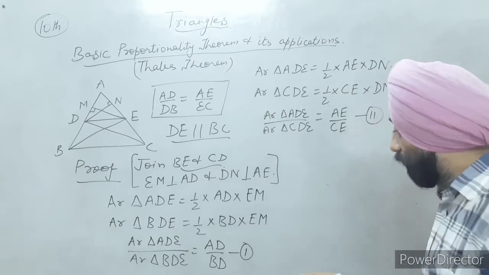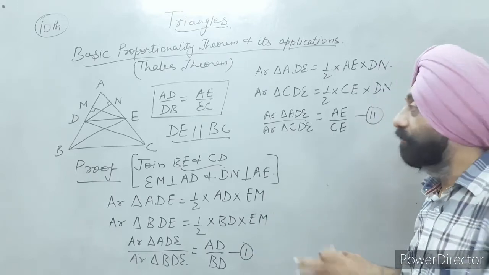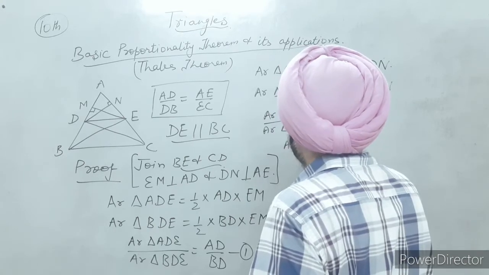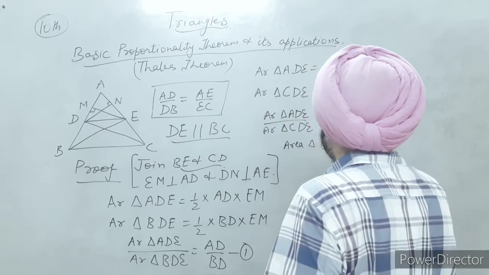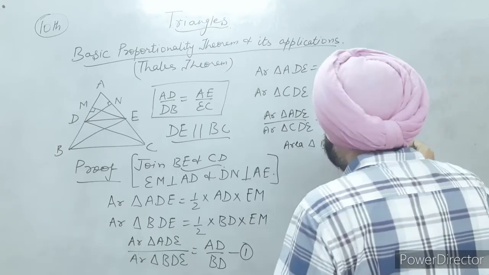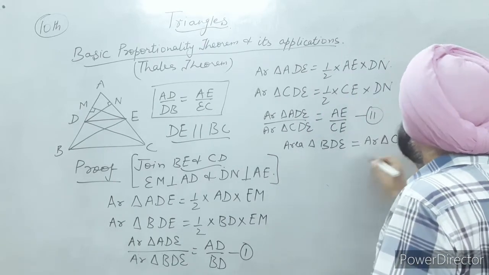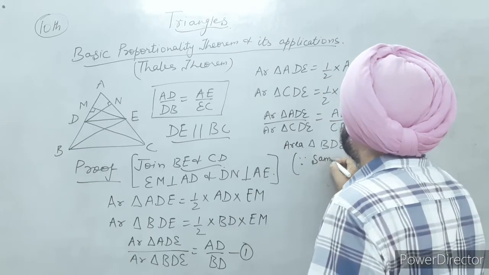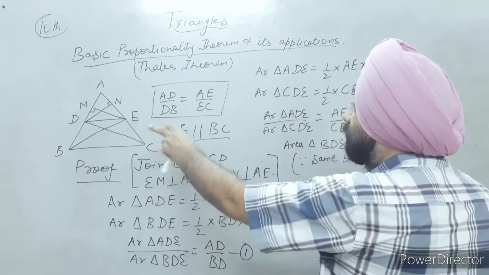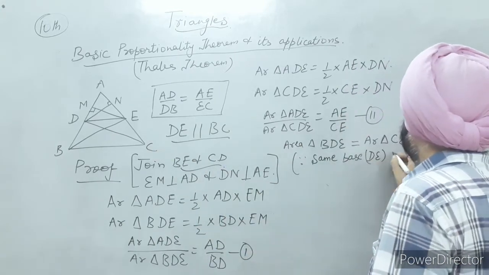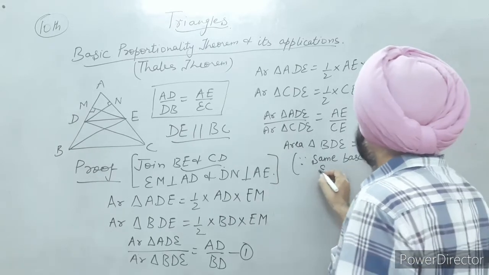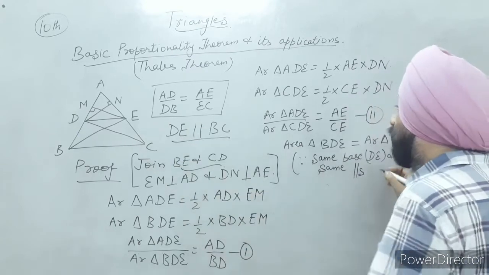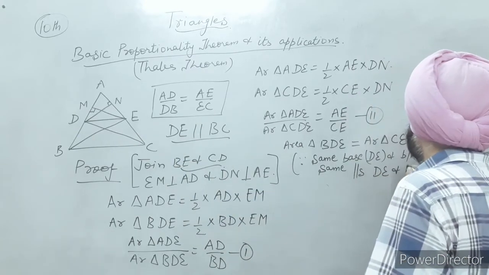This is the second equation. Now from the first and second, what I will prove, look here. Area of triangle BDE is equal to area of triangle CED. Reason, because they are on the same base, base is DE, and between the same parallels, DE and BC.